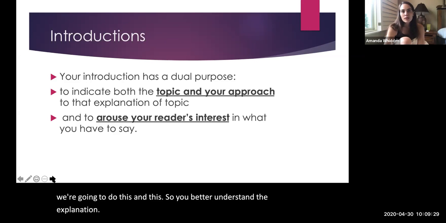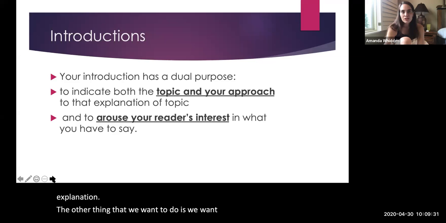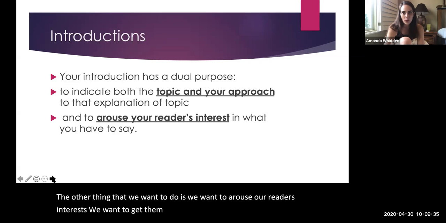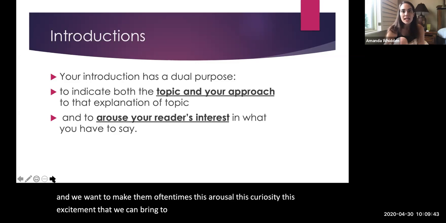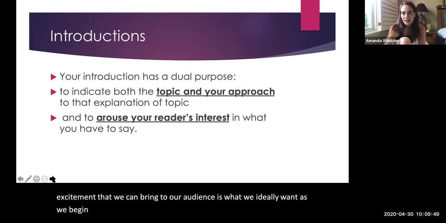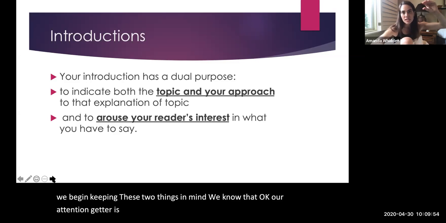The other thing that we want to do is arouse our audience's interest. We want to get them excited about what we are going to say. Oftentimes this arousal, this curiosity, this excitement that we can bring to our audience is what we ideally want as we begin. Keeping these two things in mind, we know that our attention getter is oftentimes the audience interest, and our thesis statement is the revealing of the topic.